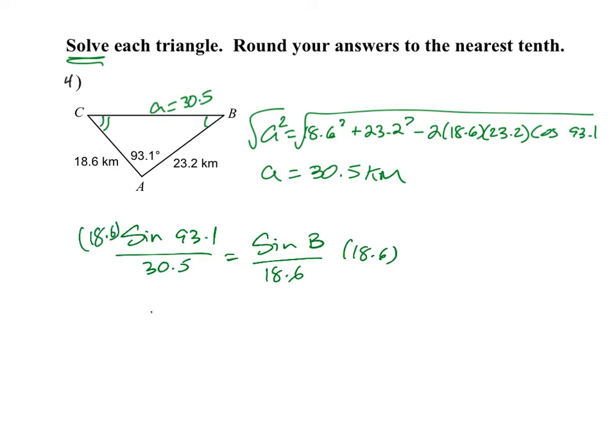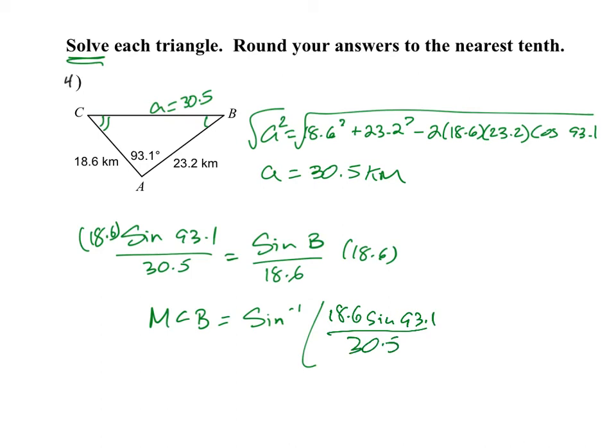So the measure of angle B is going to be the inverse sine of 18.6 times sine 93.1 over 30.5.